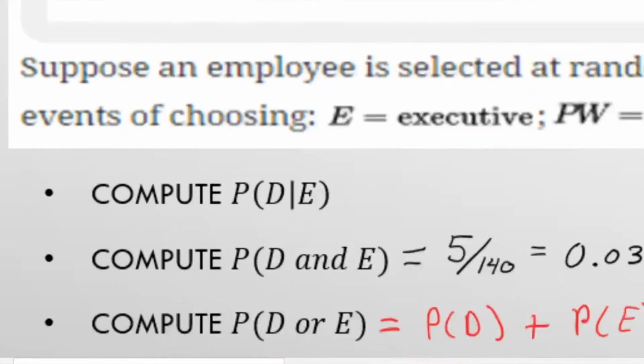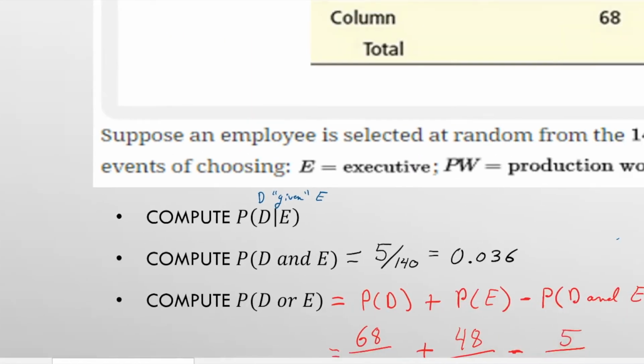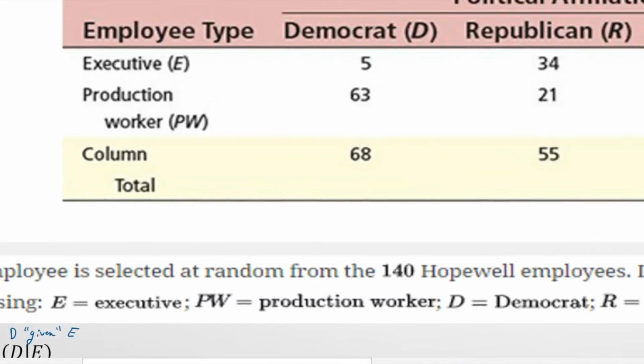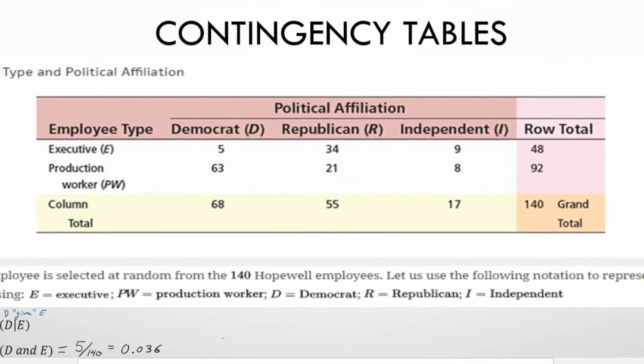So again, being able to read this will drastically change how you do the problem. So this is Democrat given they're an executive, right? So what that means is since I know, or it's a given that they're an executive, is I actually only have to look at this row. So given executive means all of my decisions come from here.